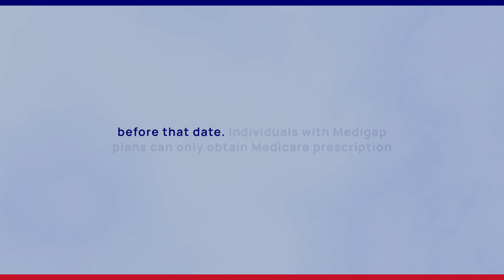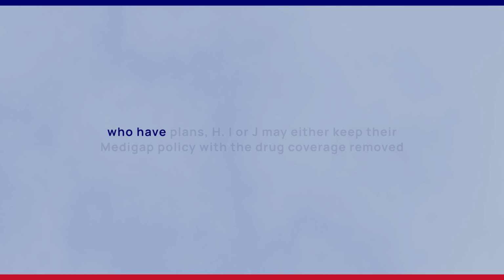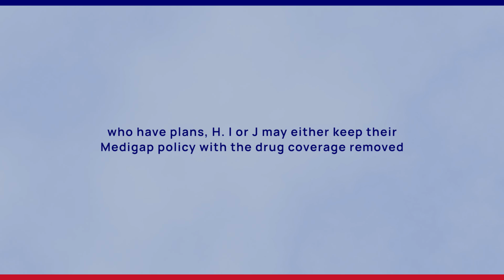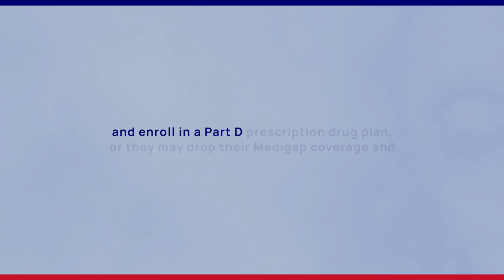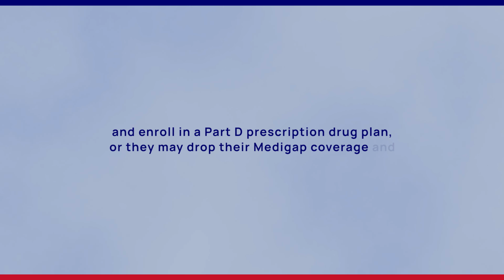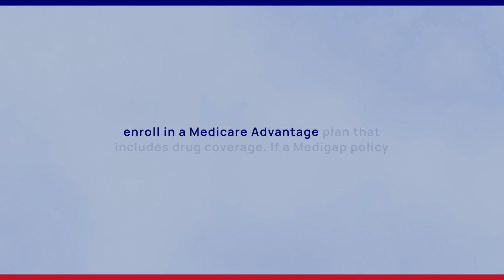Individuals with Medigap plans can only obtain Medicare prescription drug coverage through a standalone Part D plan. Beneficiaries who have plans H, I, or J may either keep their Medigap policy with the drug coverage removed and enroll in a Part D prescription drug plan, or they may drop their Medigap coverage and enroll in a Medicare Advantage plan that includes drug coverage.